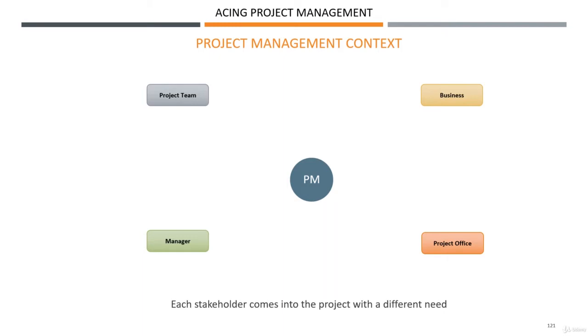This is the whole philosophy, if you like, of acing project management: to attempt to meet their needs and also at the same time cover yourself. So let's have a look at the needs of each one of these groups, bearing in mind that each group has individuals that could have different needs.